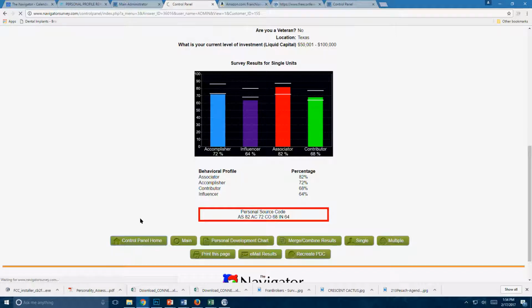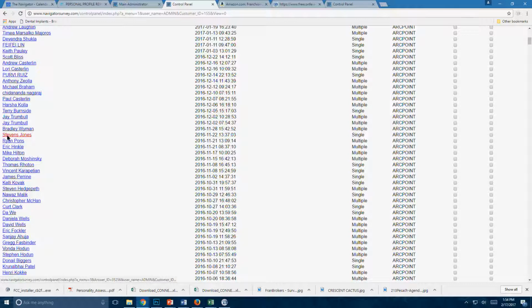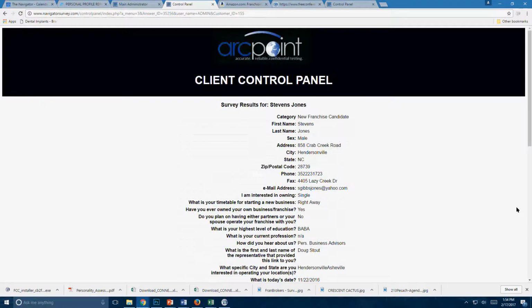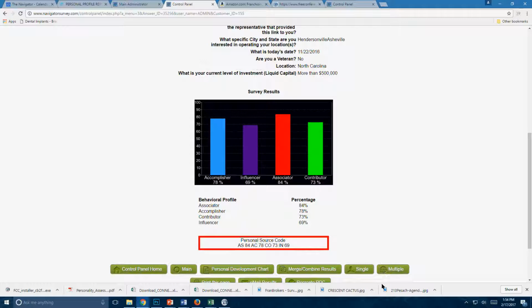Now let me find somebody that really hits the profile. All right, this is a little better. Single unit. Okay, now look. This person's pretty good. This person has all four at or inside the recommended scores.